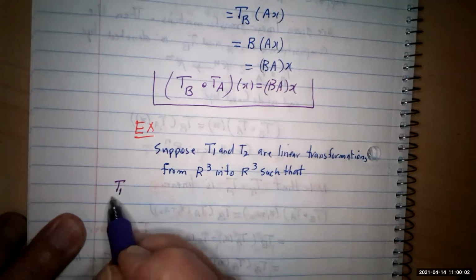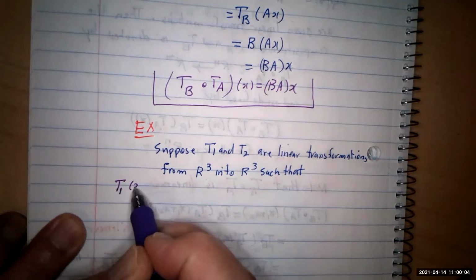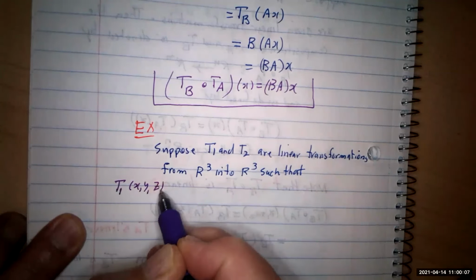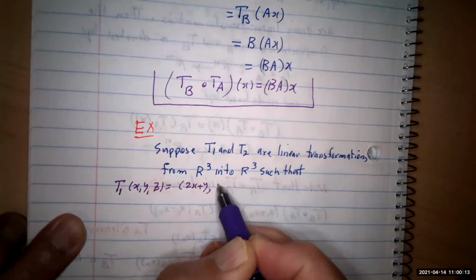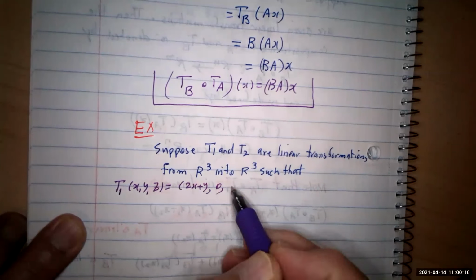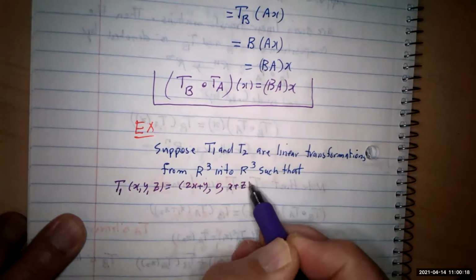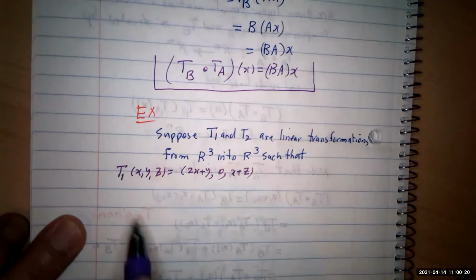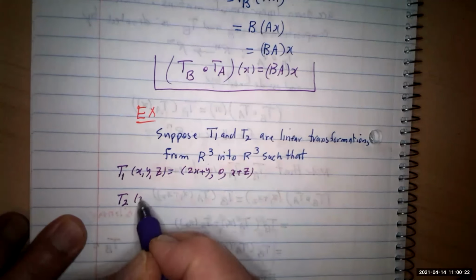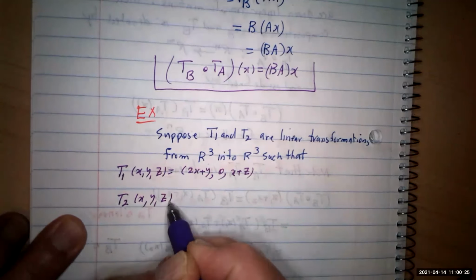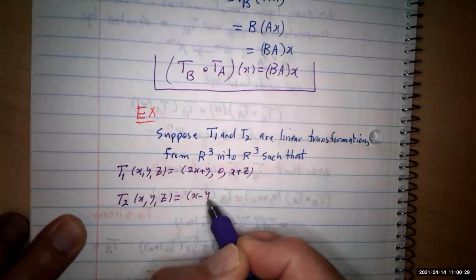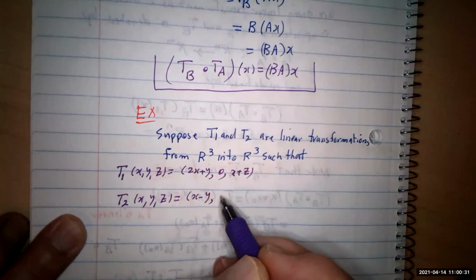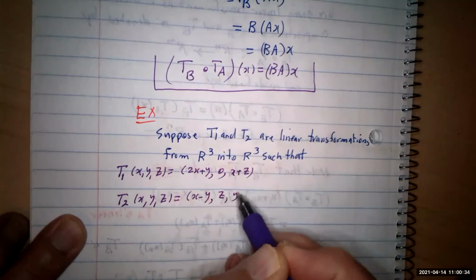T1 at (X, Y, Z) is equal to (2X plus Y, 0, X plus Z). That's T1. T2 of (X, Y, Z) is equal to (X minus Y, Z, Y).